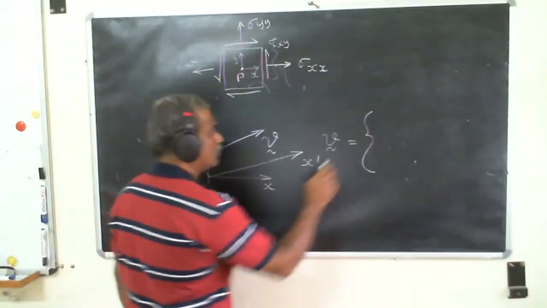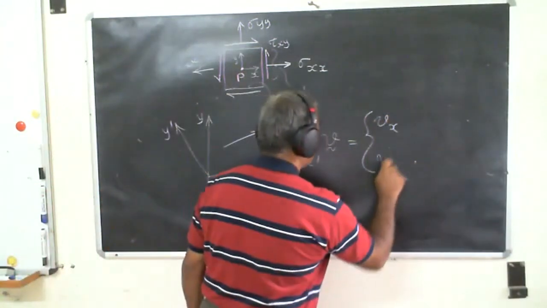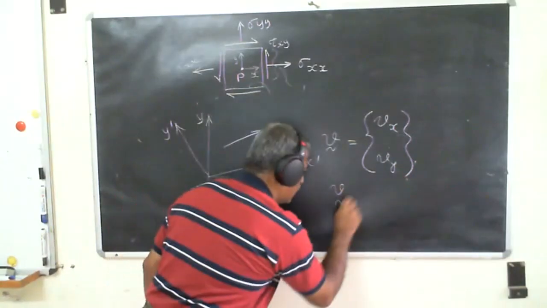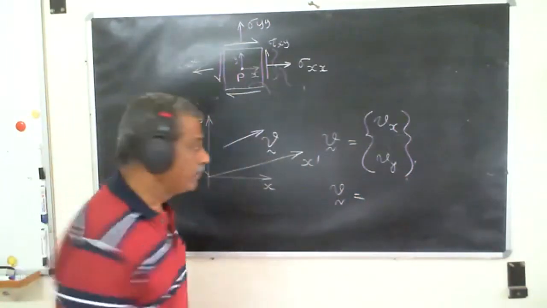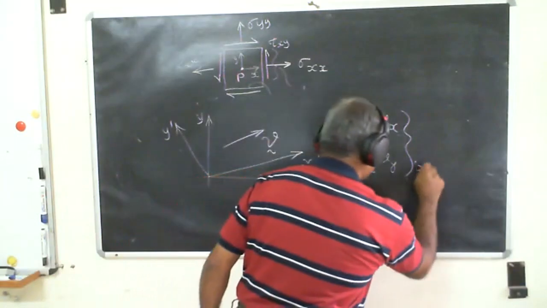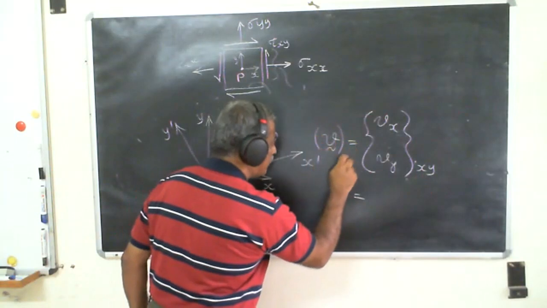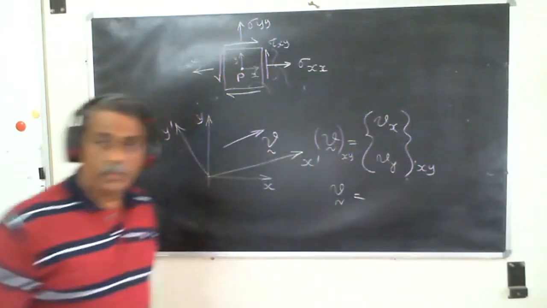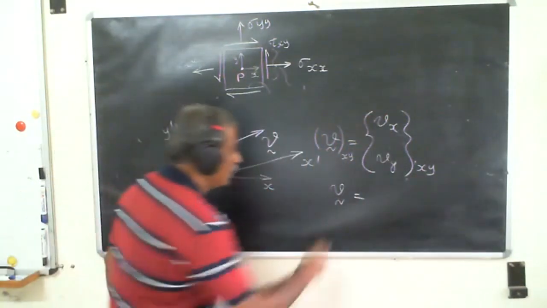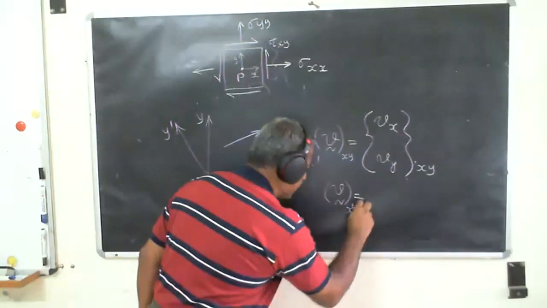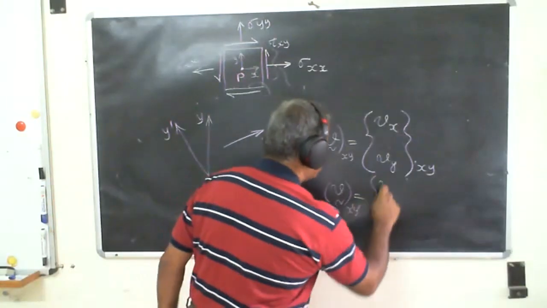So this would be Vx, Vy. The same vector, nothing different. This is with respect to X and Y. So I'm going to now call this as with respect to X and Y. Okay. The same vector, but with respect to X prime, Y prime would now be different.